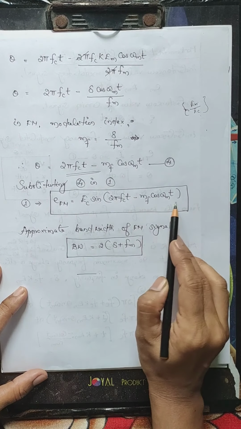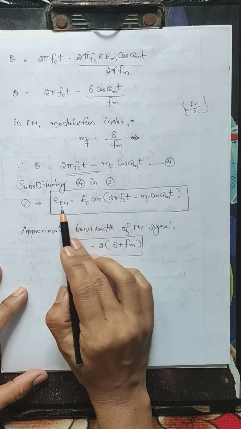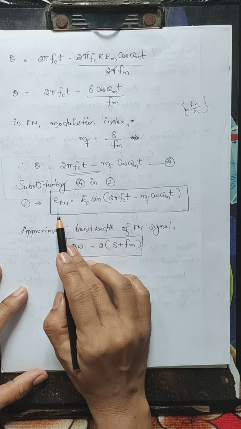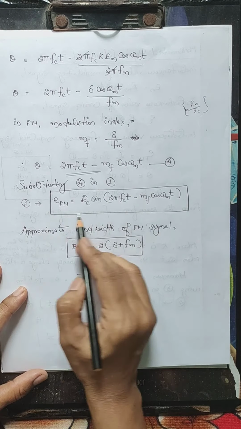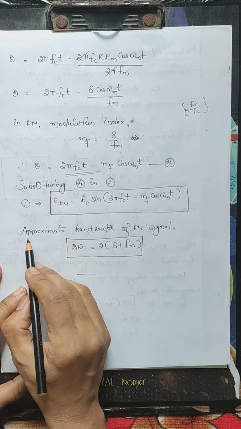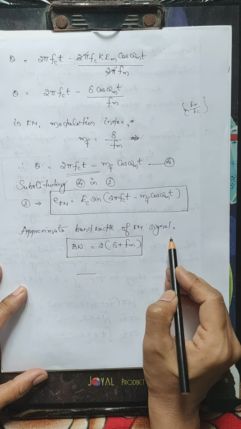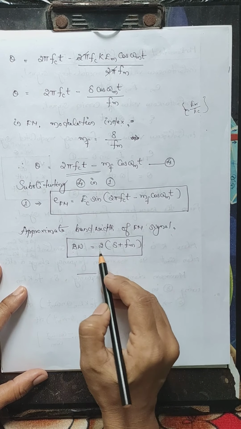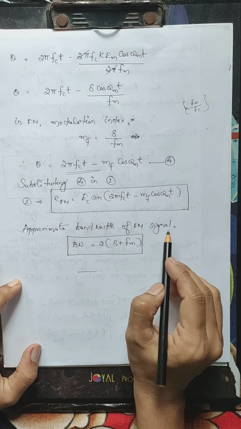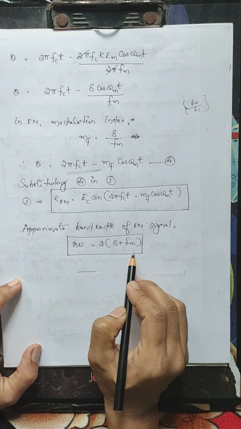So we will get the expression for the frequency modulated waveform. So try to learn this equation by heart. Now the approximate bandwidth of an FM signal is 2 into delta plus fm. Bandwidth of a frequency modulated signal is 2 into delta plus fm.